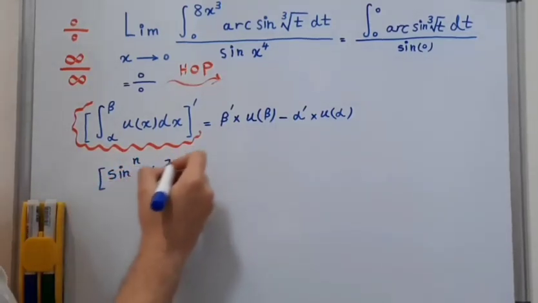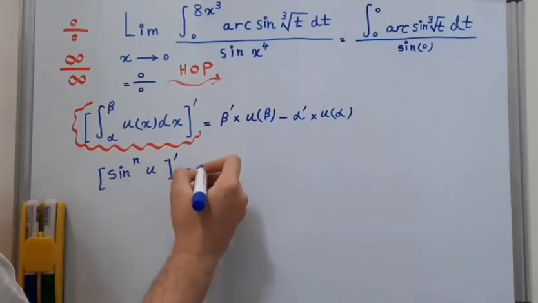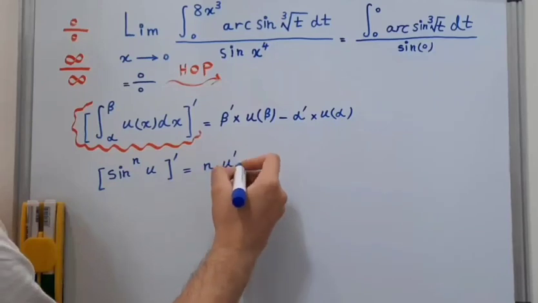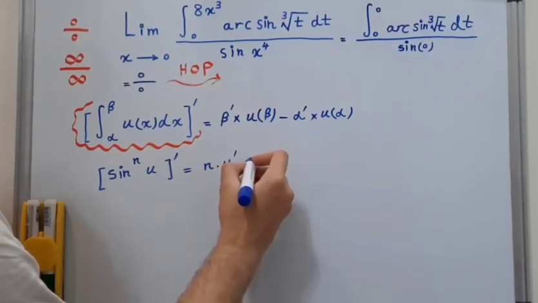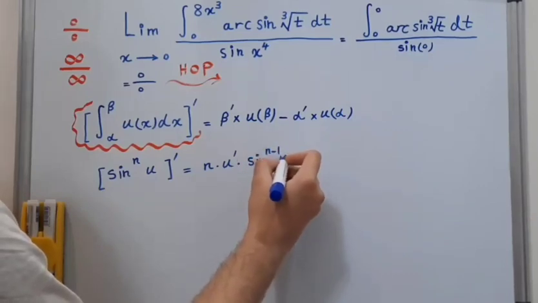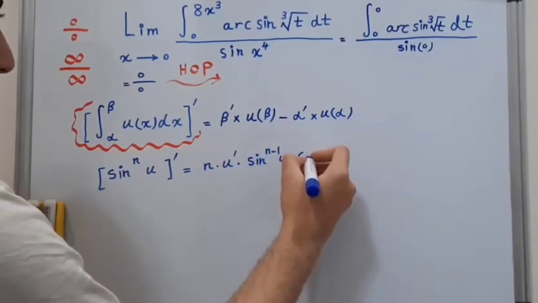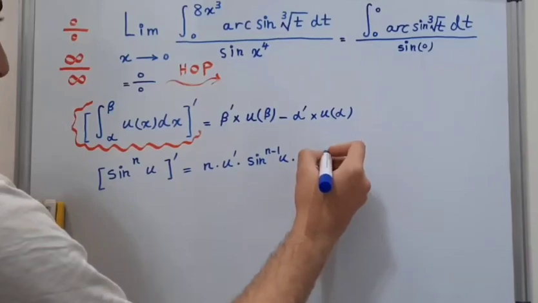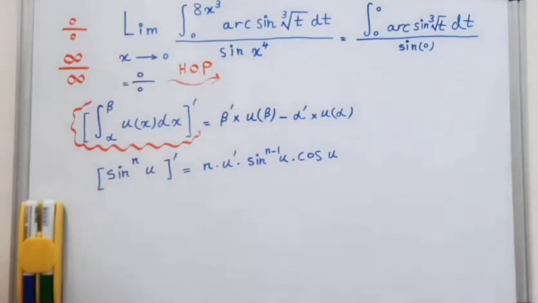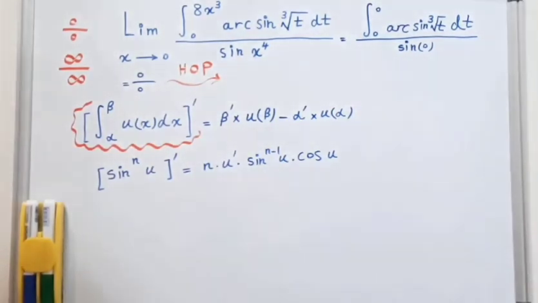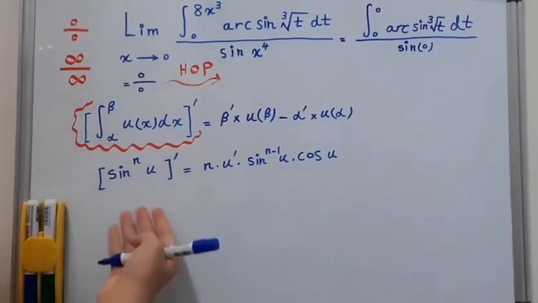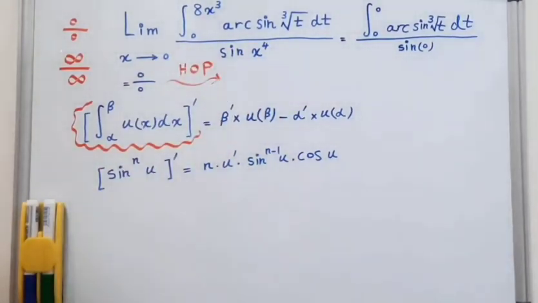If we take the L'Hopital form, that is the derivative, we will reach n u prime sine to the power n minus 1 of u and cosine u. Yeah, we will reach this here. This is important for this question, and we will use it.